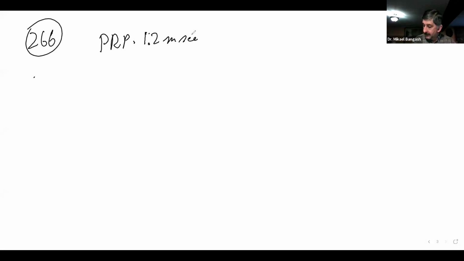The spatial pulse length is 2 millimeters, and a wavelength of 0.4 millimeters. What is the axial resolution of the system?